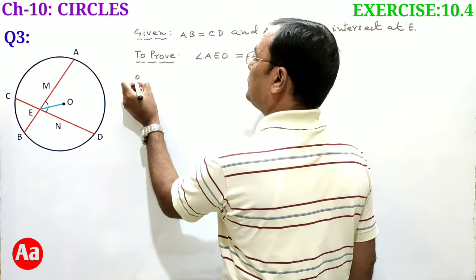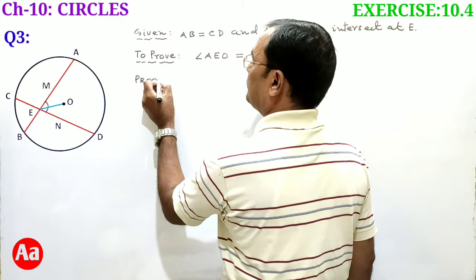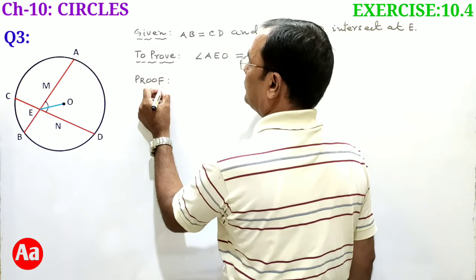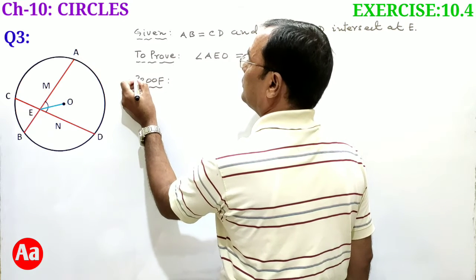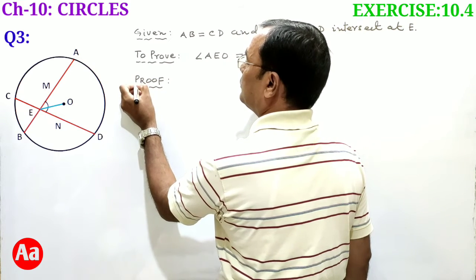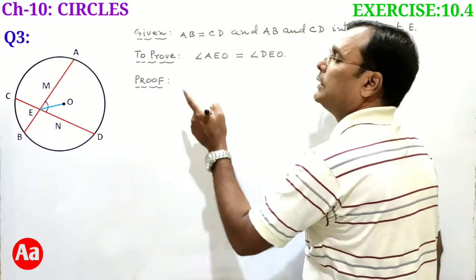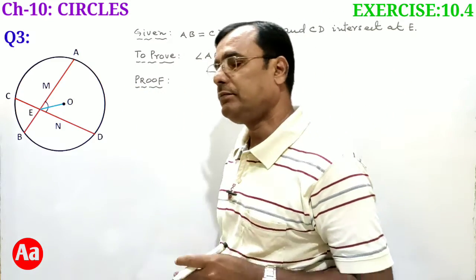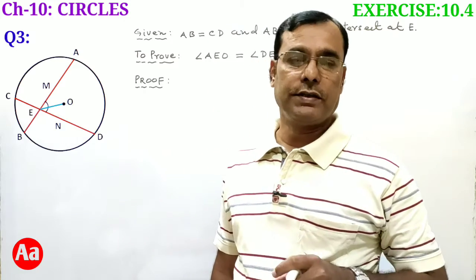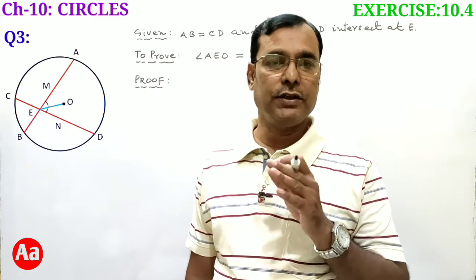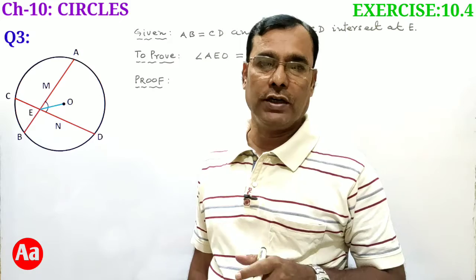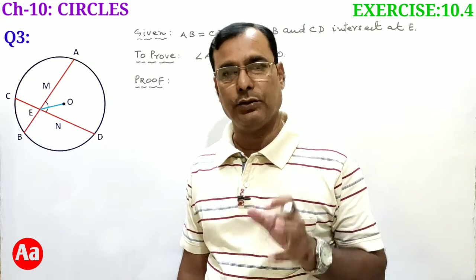Proof. Let us draw perpendiculars from the center O to the equal chords, say OM and ON.